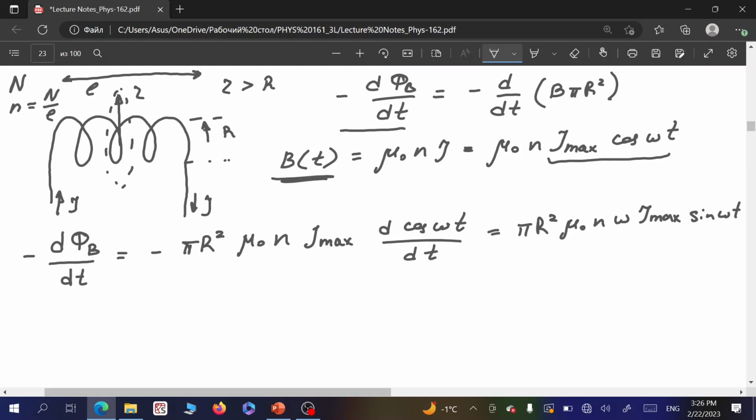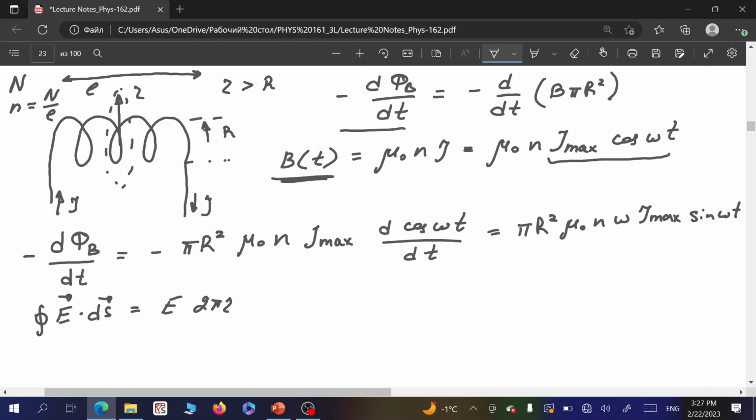Okay, now let us consider what will be the integral over closed loop of induced electric field dot product ds vector. And that will be electric field times 2 pi r. We already discussed it.